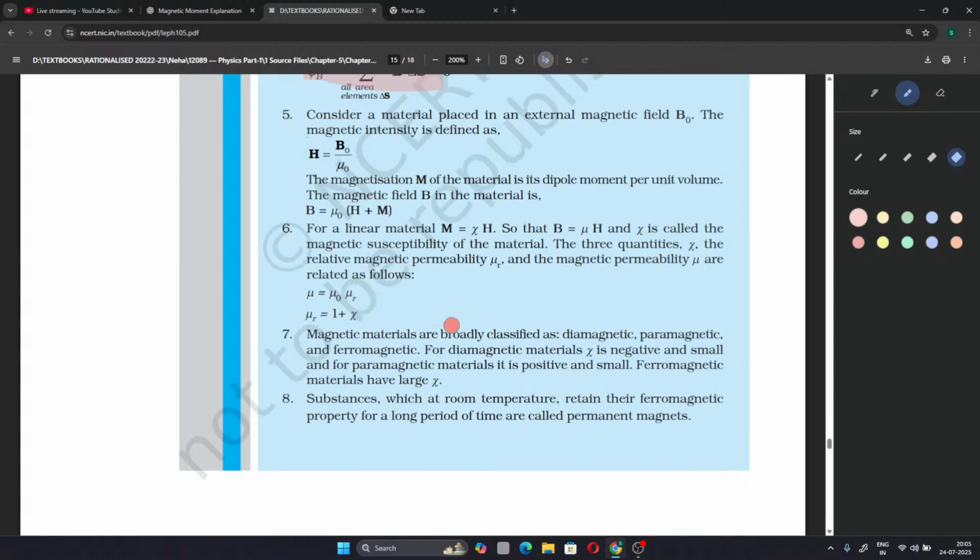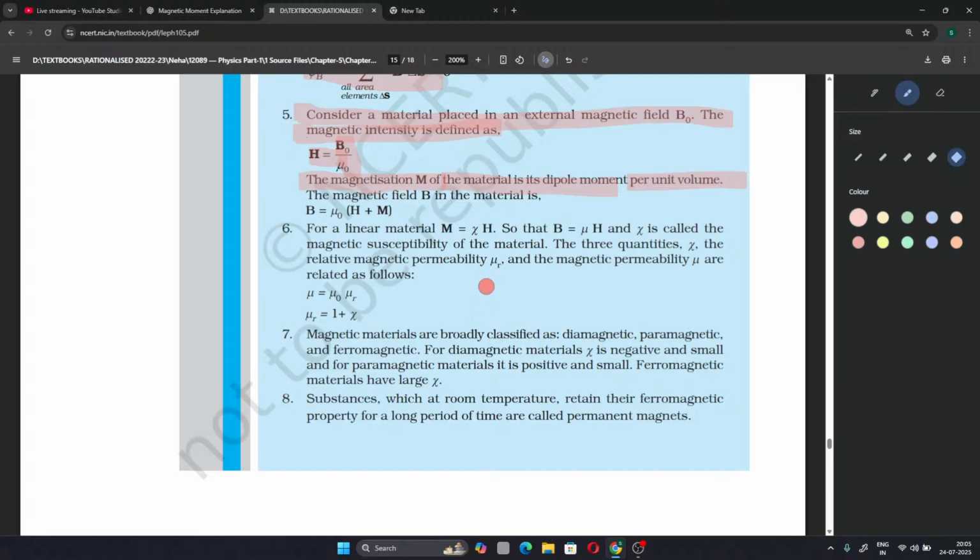Consider a material placed in an external magnetic field B naught. The magnetic intensity is defined as B naught by mu naught, the magnetic field per permeability. The magnetization M of the material is its dipole moment per unit volume.